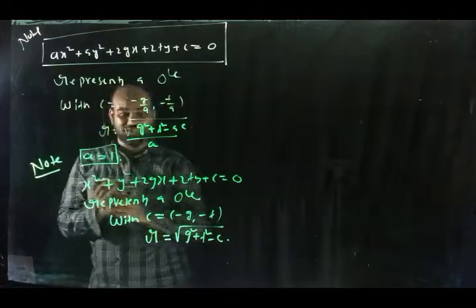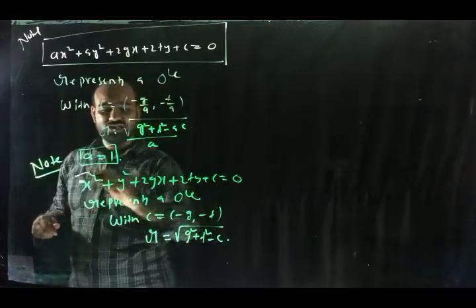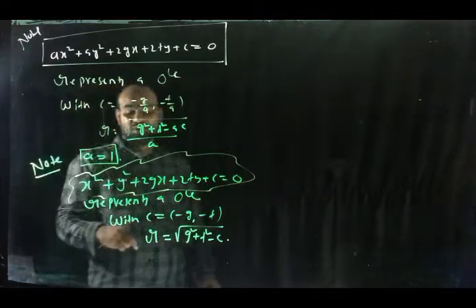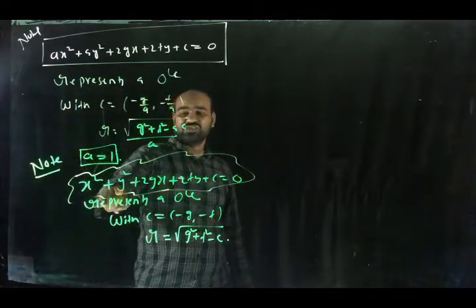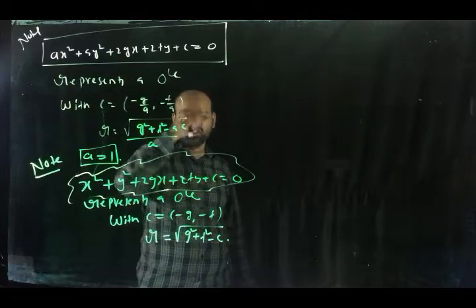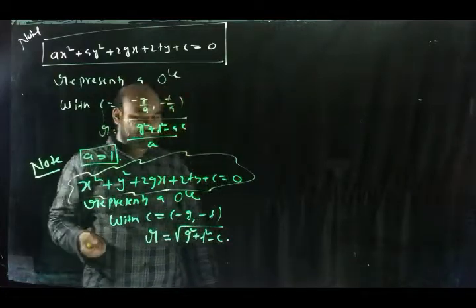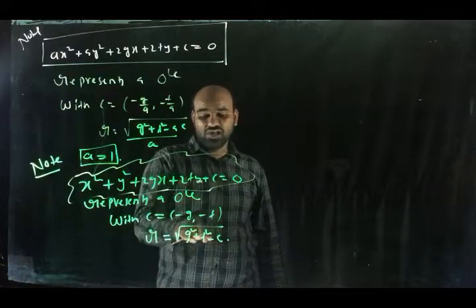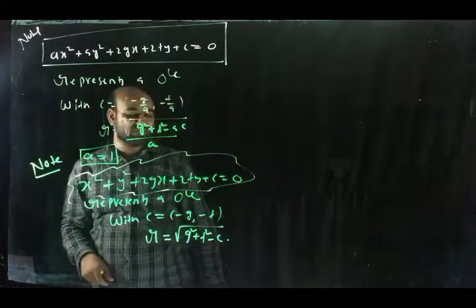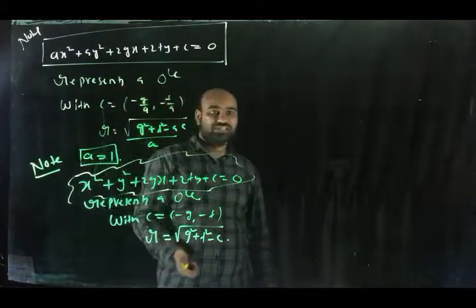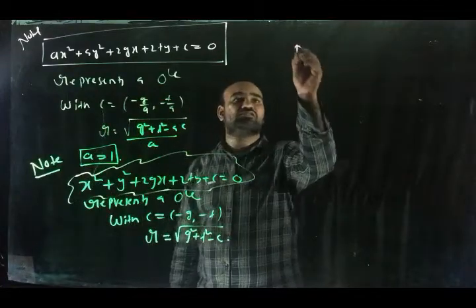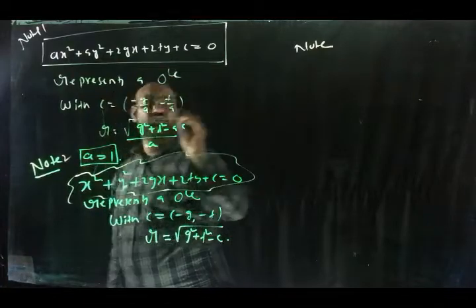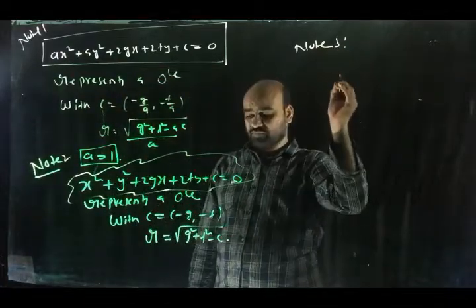So this is treated as the general form of a circular equation. Now onwards, x square plus y square plus 2gx plus 2fy plus c equals 0 means a circular equation with center minus g comma minus f and radius root over g square plus f square minus c.